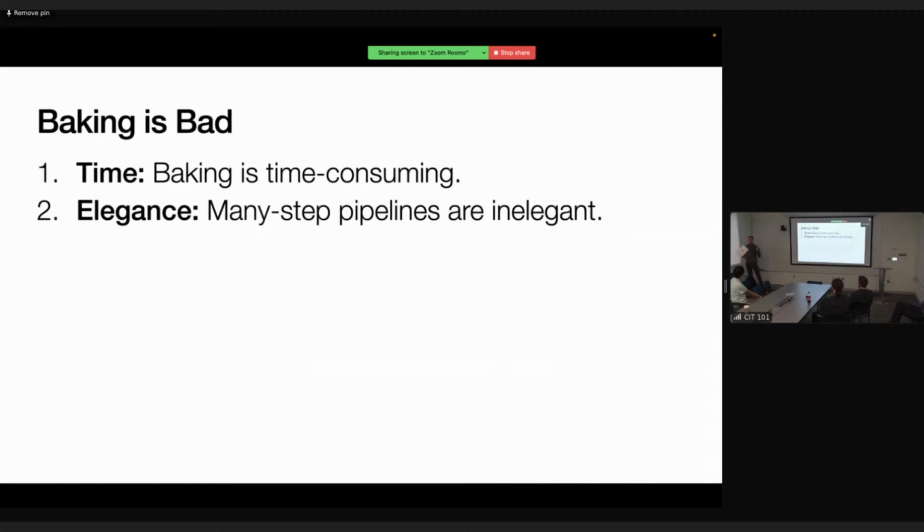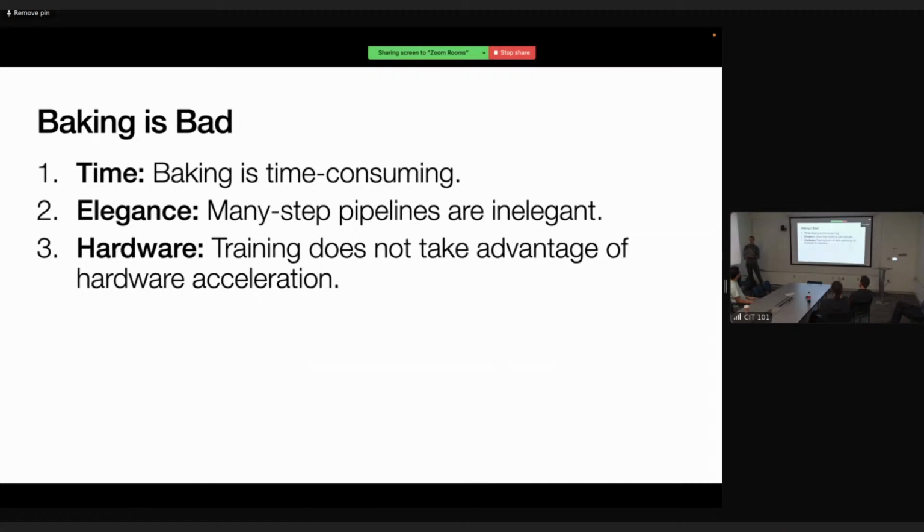If you could just optimize a mesh in the first place, not have to first optimize a NeRF, then extract a mesh, then optimize the appearance of the mesh and do 3 other steps, it would be better if we could avoid that and just optimize the mesh. And last of all, if you could get this rasterization-based stuff to work really well, then you could take advantage of hardware acceleration for rasterization during training. So there's this potential for getting a speed up by taking advantage of the hardware.